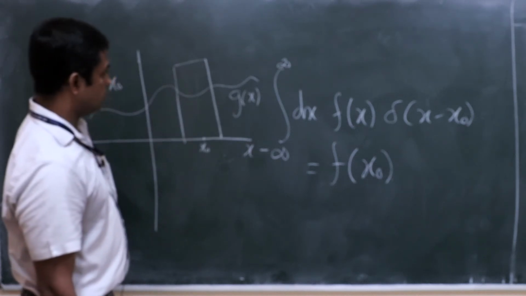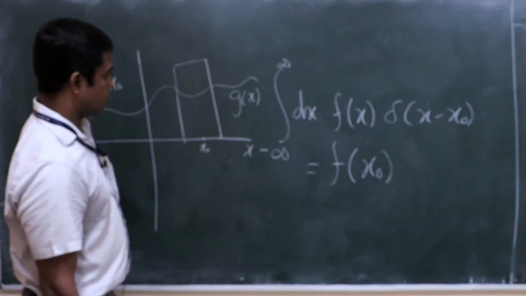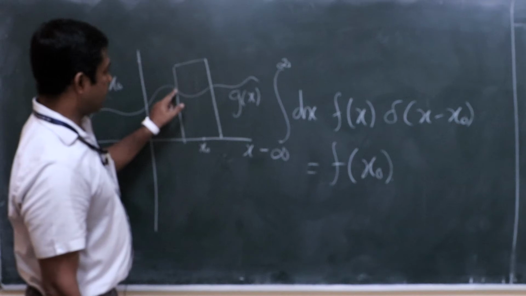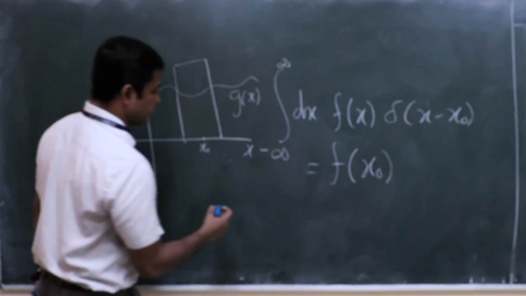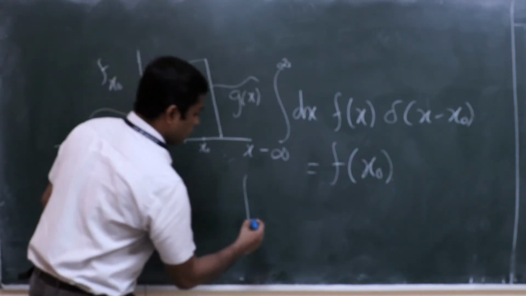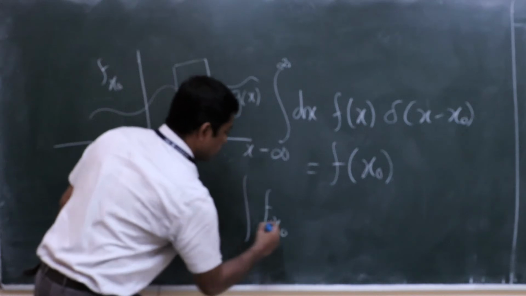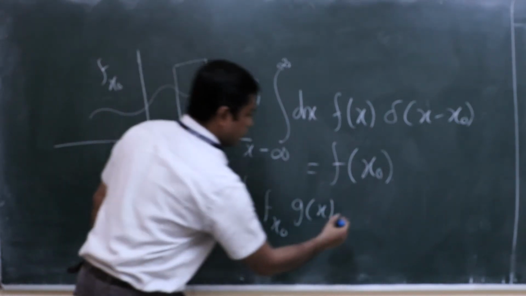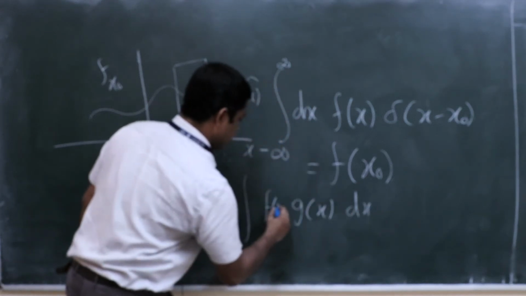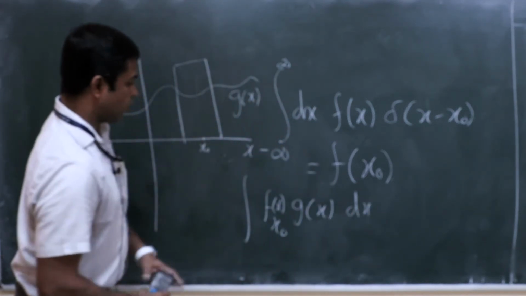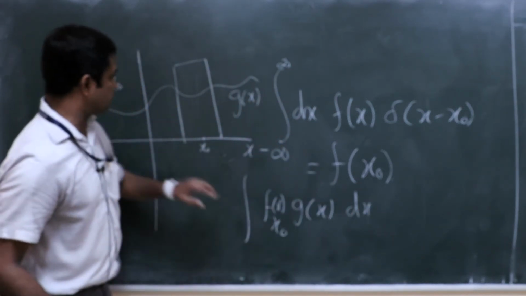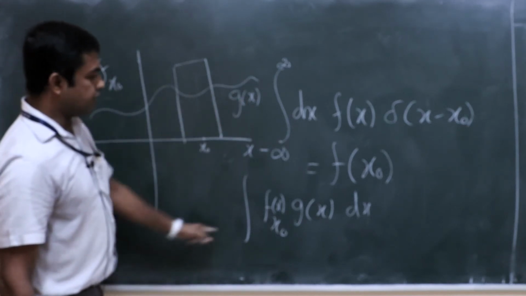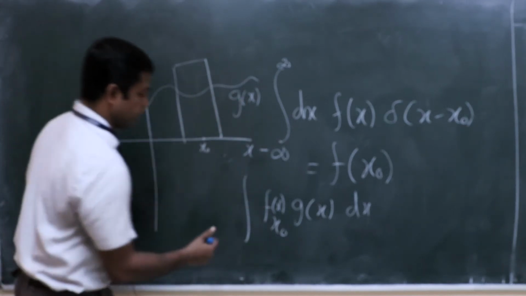I will get the area under the function g of x. Basically I am multiplying these two functions, the box function and g of x, and then integrating from minus infinity to infinity.